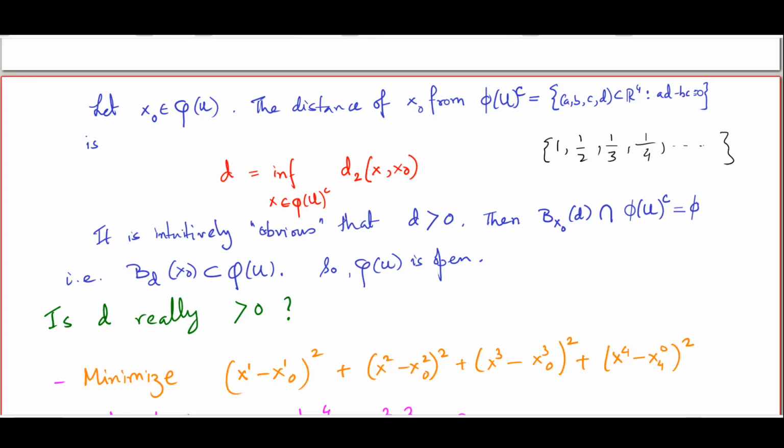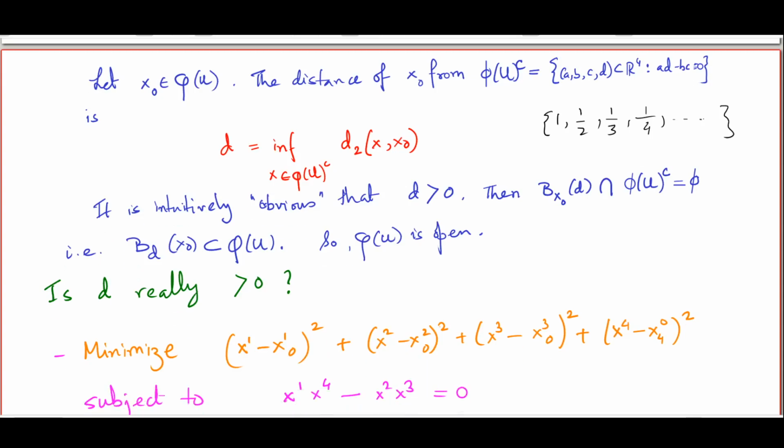And what complicates matters for us is that the point x is not an arbitrary point. Had it been an arbitrary point, then the obvious solution would have been x1, x2, x3, x4 all equal to x10, x20, x30, x40, and the distance would have been 0. However, we do have this constraint that x1 x4 minus x2 x3 has to be equal to 0. This is what ensures that the point I'm talking about is actually a point in phi u c.